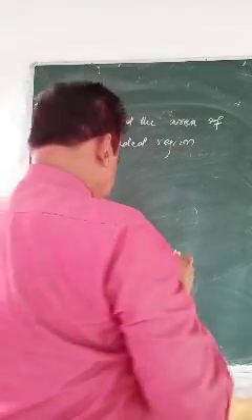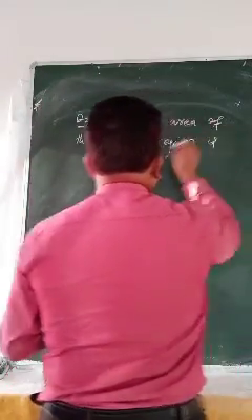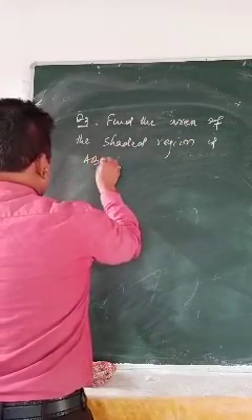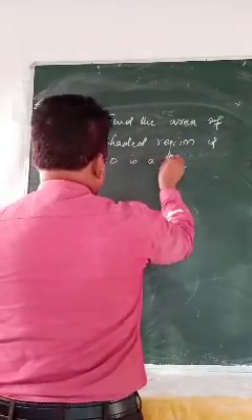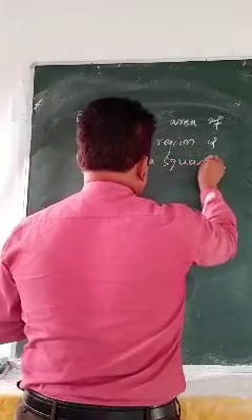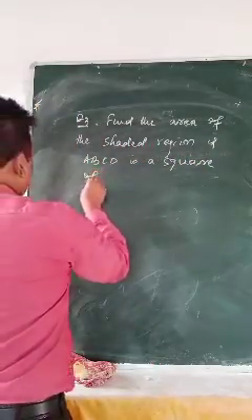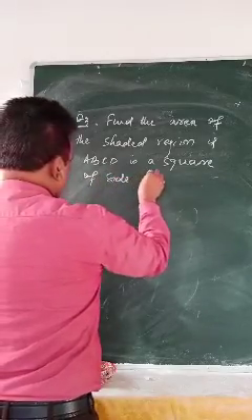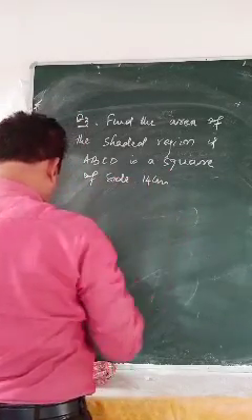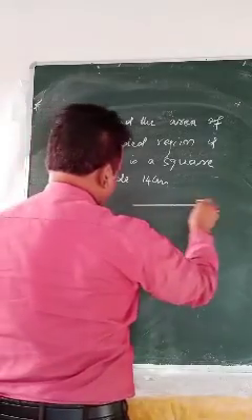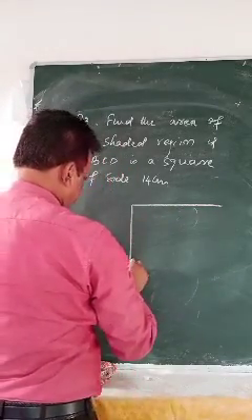If ABCD is a square of side 14 centimeter. So look at how it is given. This is also a simple one.